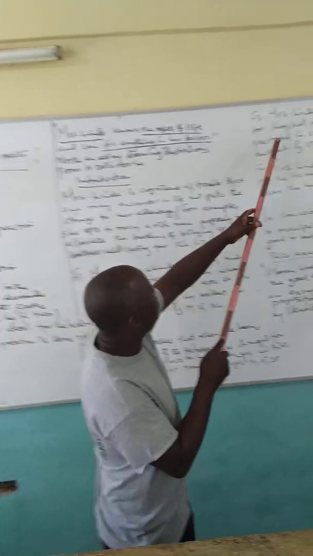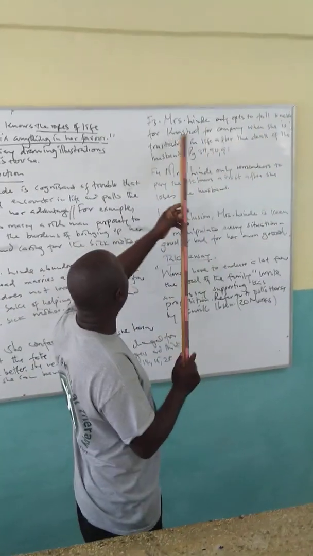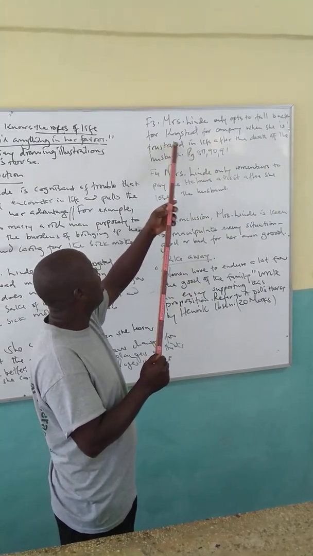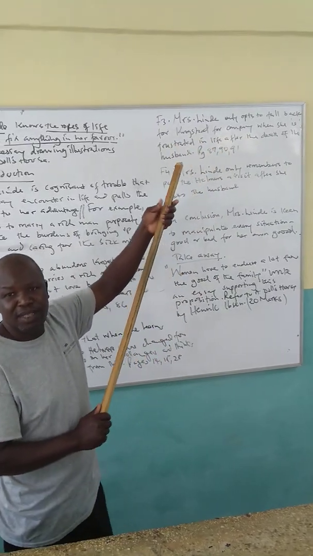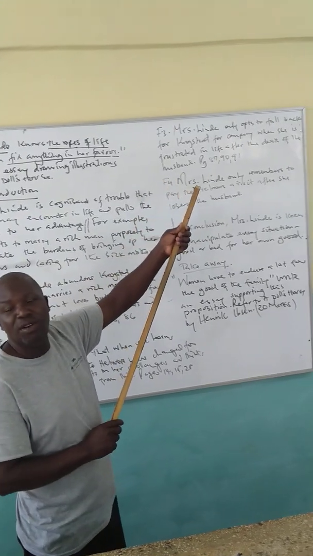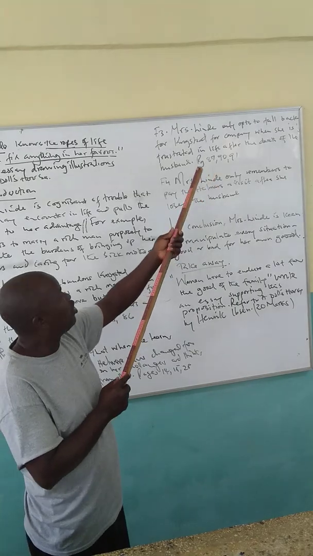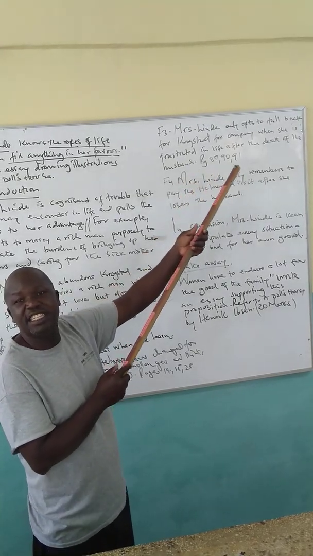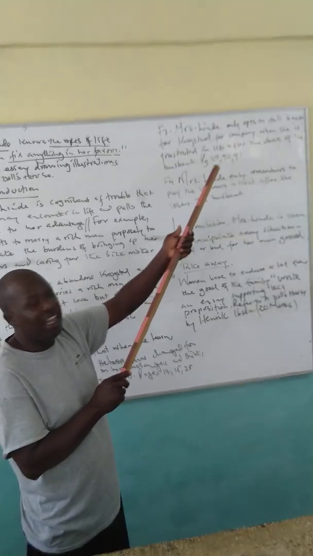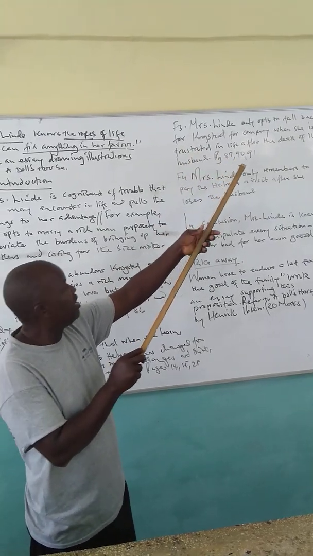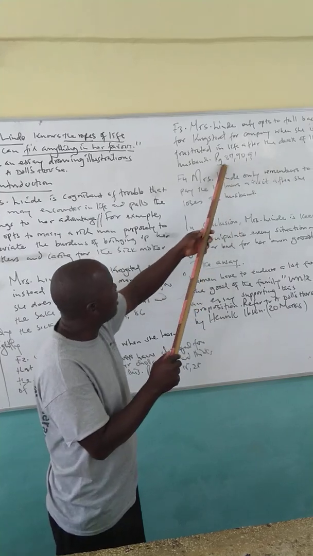Episode 3, Mrs. Linde only opts to fall back for Krogstad for company when she's frustrated. Now, after losing her husband, Mrs. Linde is now a widow. When she comes back to town and finds that Krogstad is still in town, a former company, then it is her who starts off this remarriage arrangement.